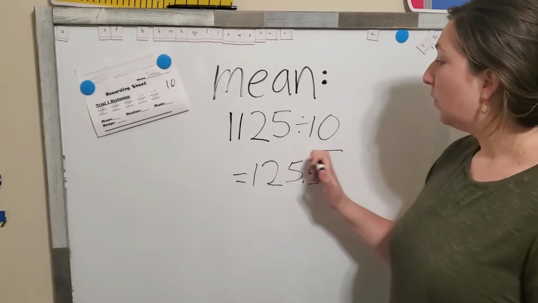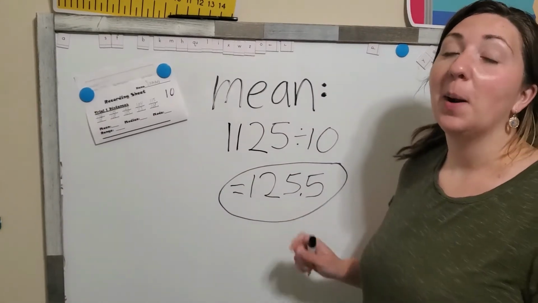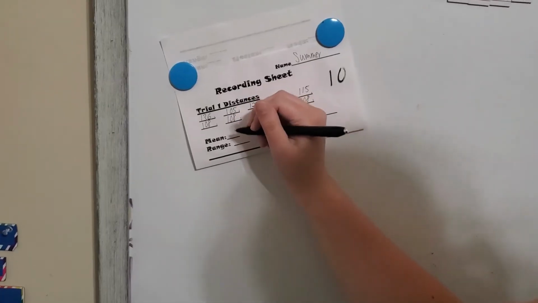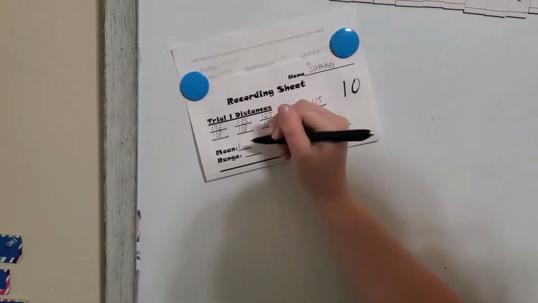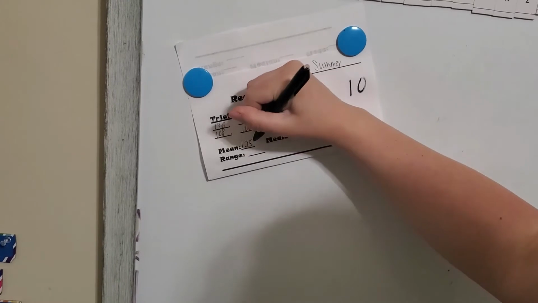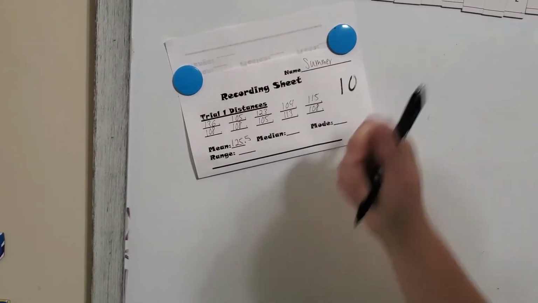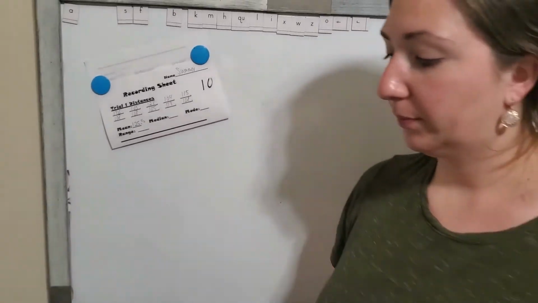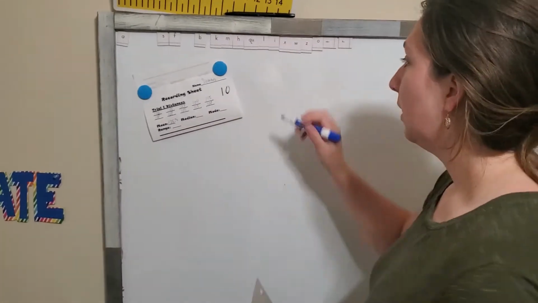Okay, so this is our mean of our data set. Okay, so we're going to put 125.5 as our mean. Now we're going to find our median of this data set.